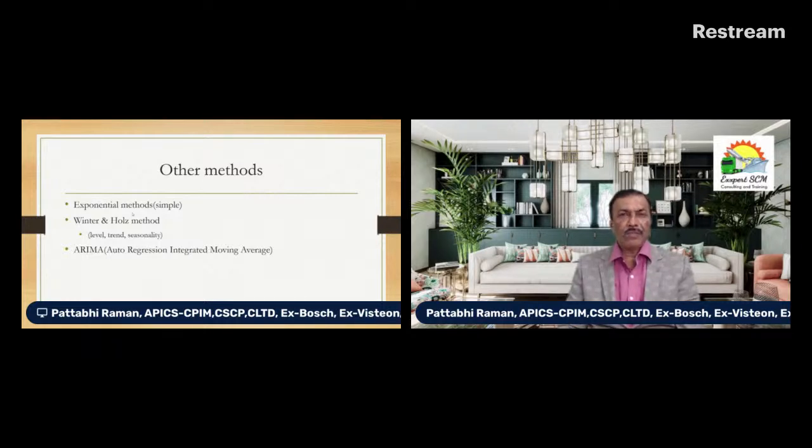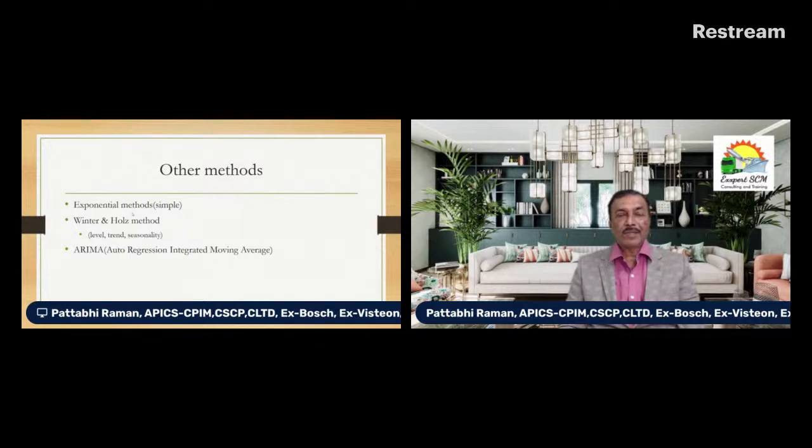What can be the value of alpha in an exponential smoothing method? Can anyone type the value of alpha which is normally used? Yes, please. I am waiting for your response.